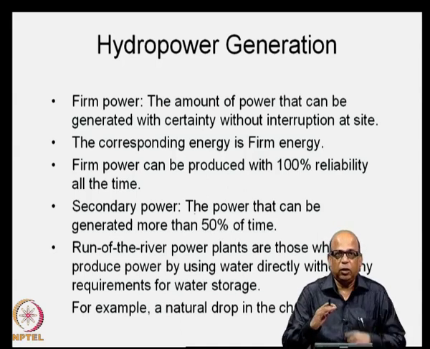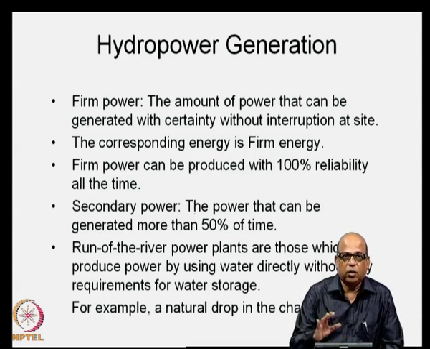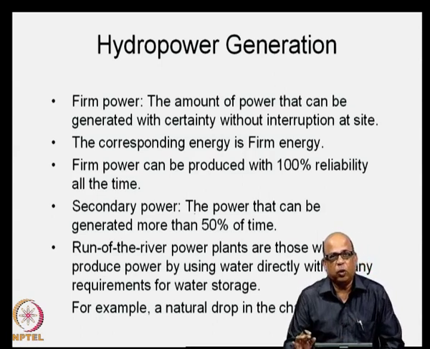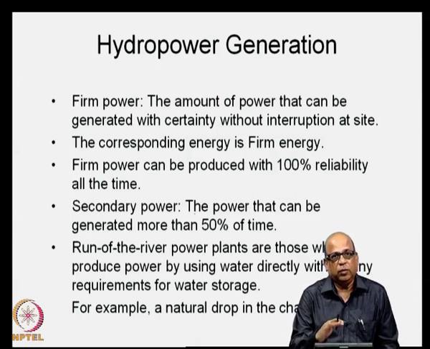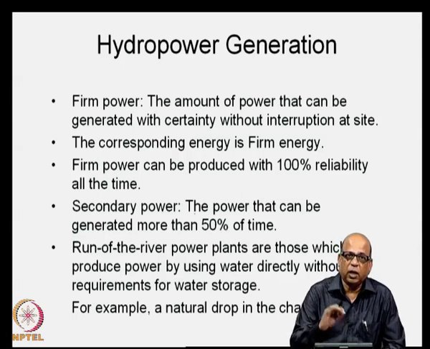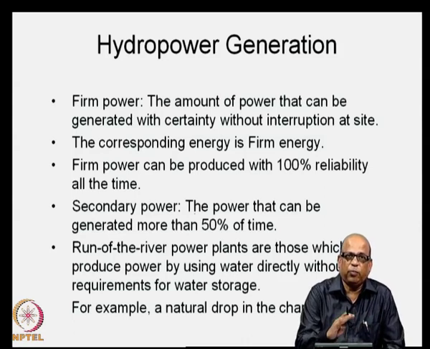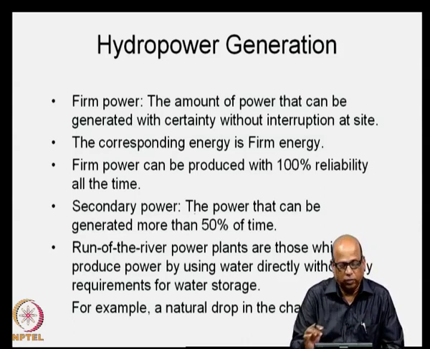Firm power is you are making a firm commitment that 100% of the time I will supply this particular amount of power to a particular user, let us say industry or municipal locality and so on. So, that is made at 100% assurance. So, that is a firm power. Secondary power is over and above the firm power, you are able to produce additional power which is not available 100% of the time, but it is available some time. So, 50% of the time it is available, and that is called as a secondary power.